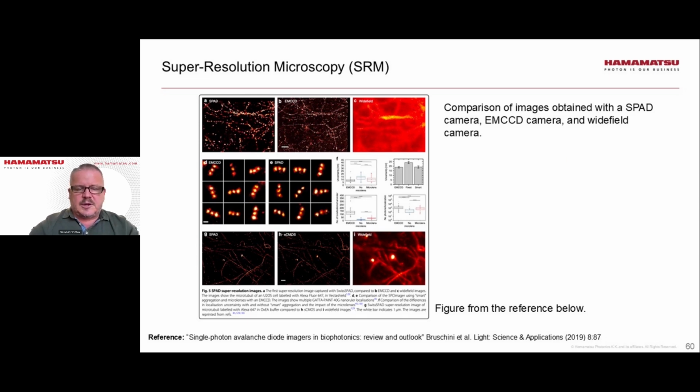And so here we see three images of the same field using a SPAD array, EMCCD, and conventional wide field imaging. And you can see visually that the SPAD array here performs comparably to EMCCD.